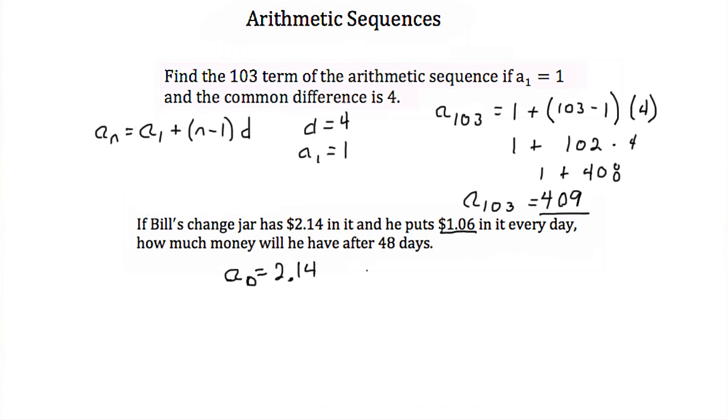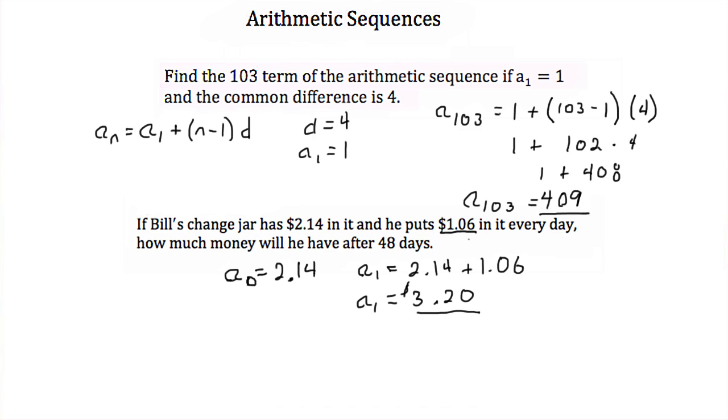So day 1, or a1, would be equal to $2.14 plus $1.06. So a1 would be equal to $3.20. Now to figure out how much money he's going to have after 48 days, well, we know a1 is $3.20.